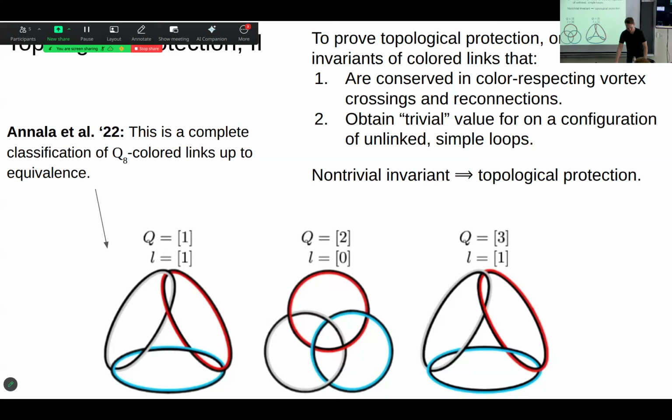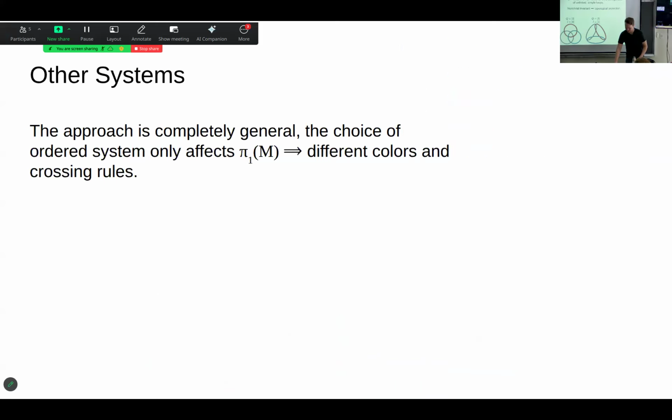Okay. In the last remaining minutes, I think I will have to end the vortex knot story. I just want to emphasize that this method is completely general. Different systems have a different order parameter space, and therefore you get different colors and different crossing rules.